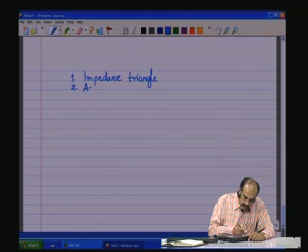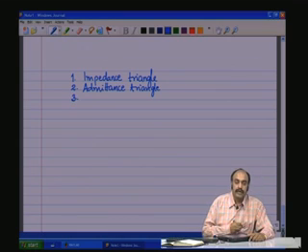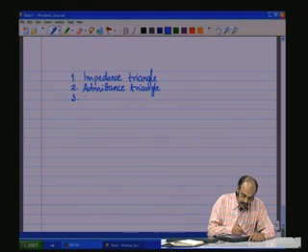The admittance triangle, this is obtained while solving the Kirchhoff's current law, and then the power triangle.